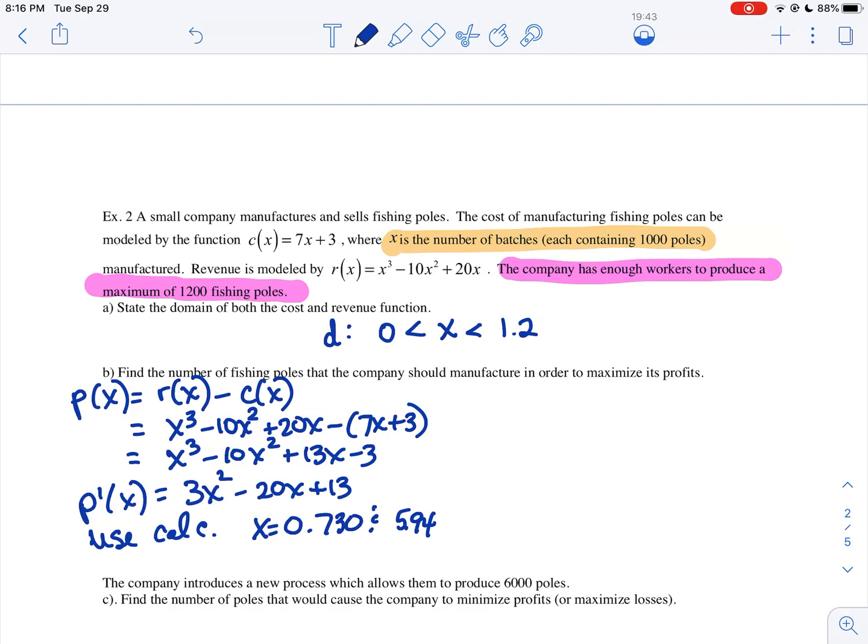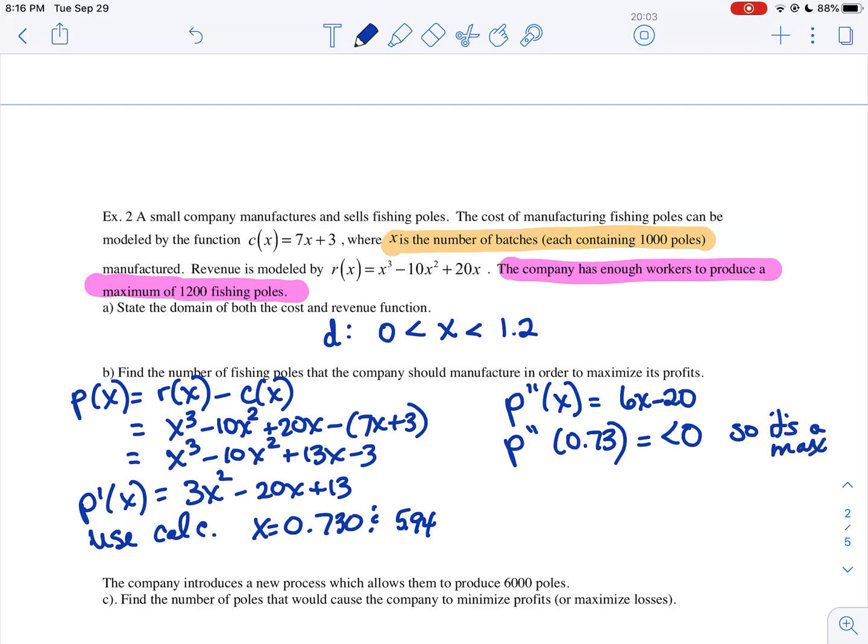All right, so then here's where I can use that second derivative test again. So that is 6x minus 20. So if I plug this in, I got something that was less than 0. So that's my maximum. If I try the next one, I got something greater than 0. So that's not a maximum.